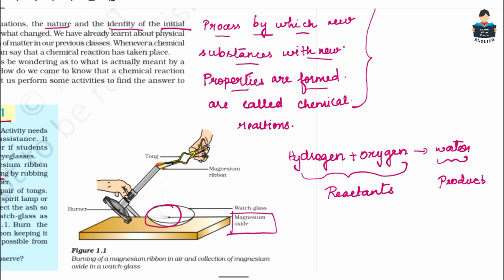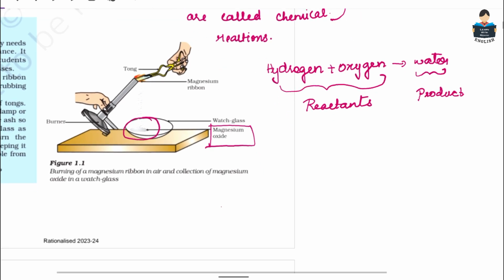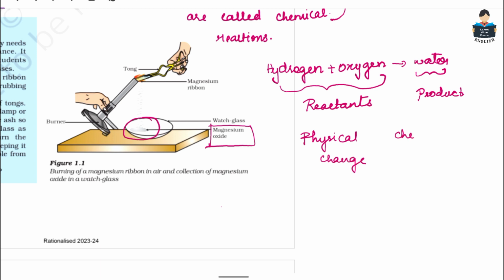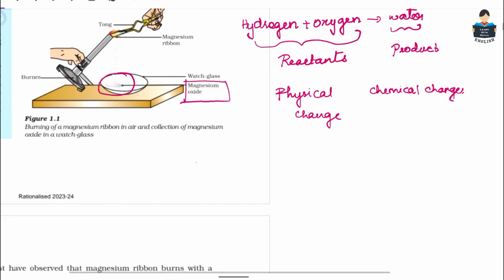It is not formed as a result of a physical change, but a chemical reaction occurs because of a chemical change. So what are all the differences between a physical change and a chemical change? These differences we have already seen in our smaller classes.